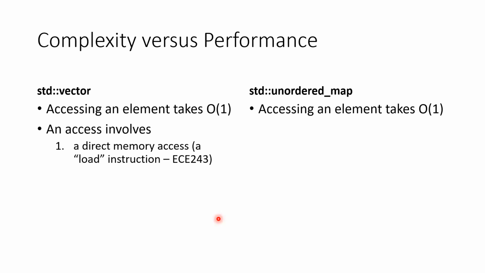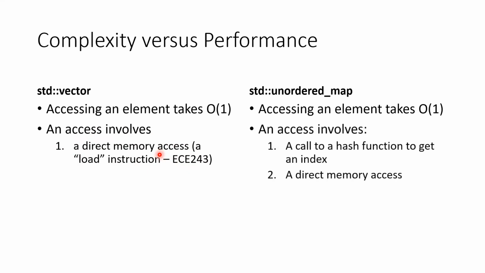And if we look at the access really carefully, a vector is just a direct memory access. So it's just a single load instruction to memory, and the load instruction will be covered in EC 243 if it's not already. And unordered map needs to first call a hash function and then do a direct memory access.